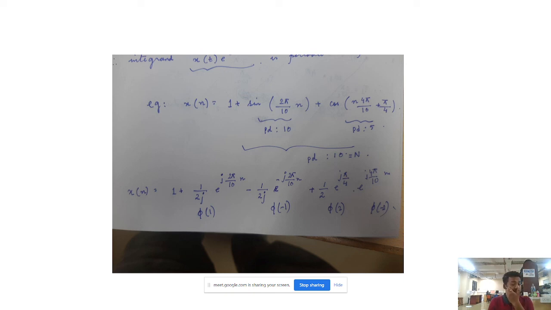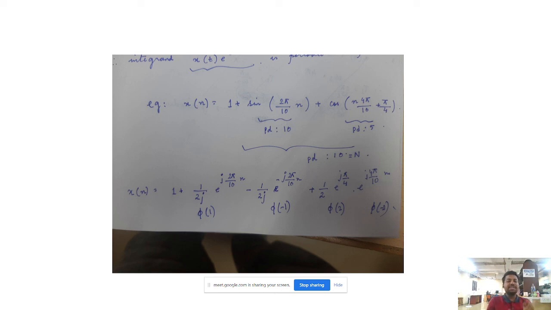So fine, x of n. Now let us convert sine theta and cos theta into complex exponentials. Sine of 2 pi by 10 into n can be written as 1 by 2j e to the power of j 2 pi by 10 into n, minus 1 by 2j e to the power of minus j 2 pi by 10 into n.